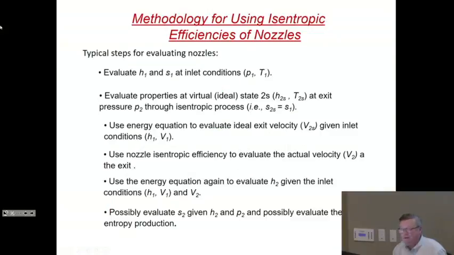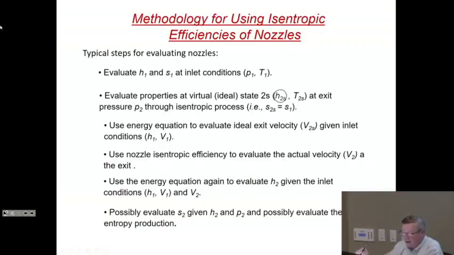So once again, we have a recipe that translates these concepts into what you have to do when you solve a problem. You take your inlet, H1 and S1, that is conditions P1 and T1. You then make a fictitious property to a virtual state 2S that has the same entropy as S1. So this is by hypothesis a virtual isentropic nozzle.